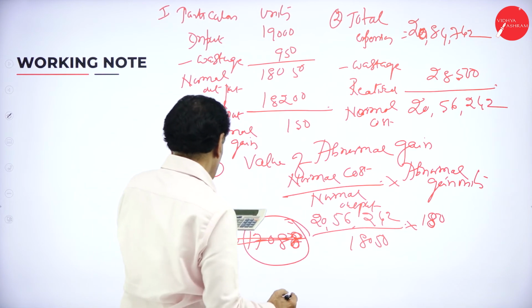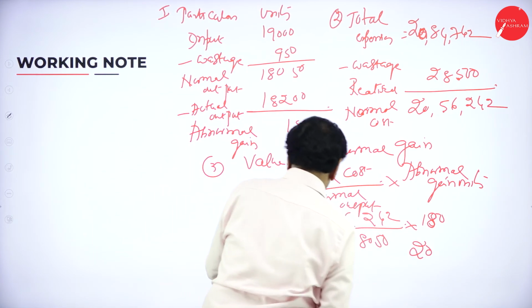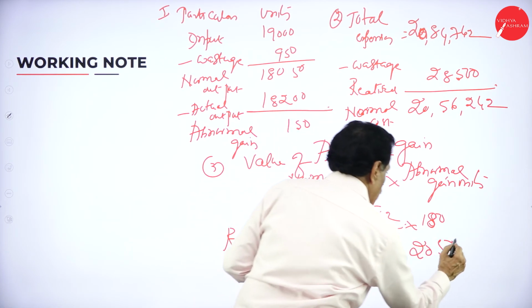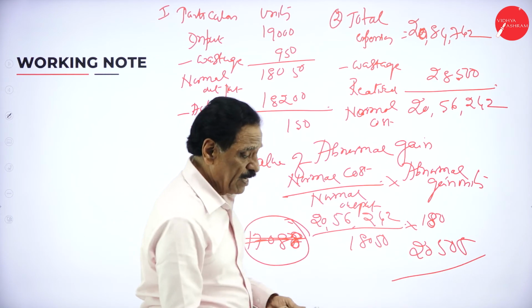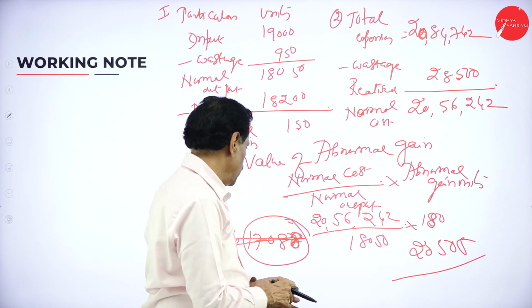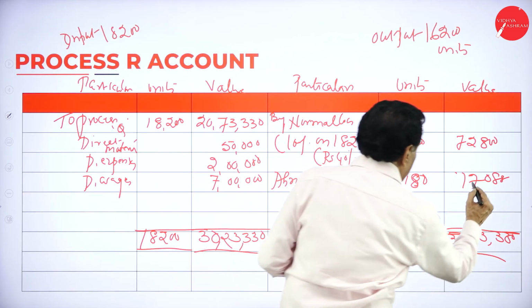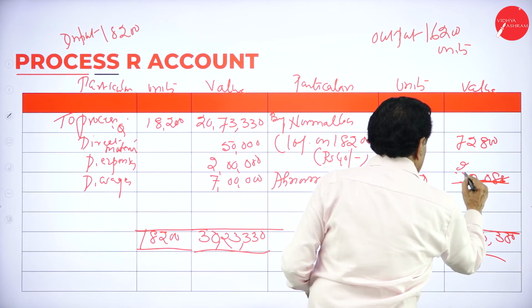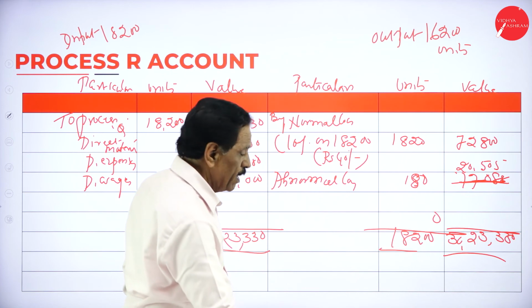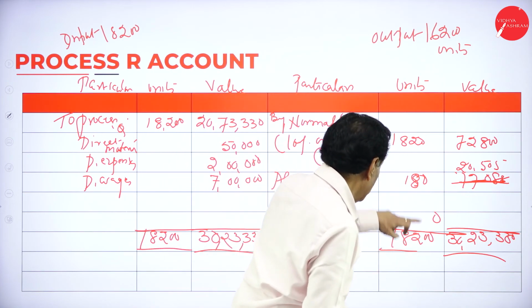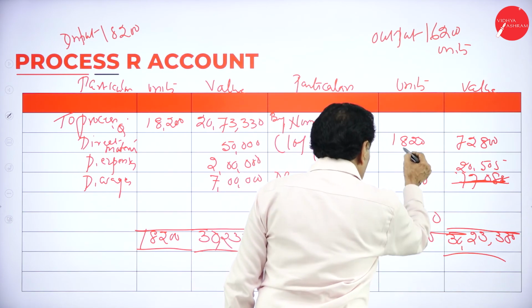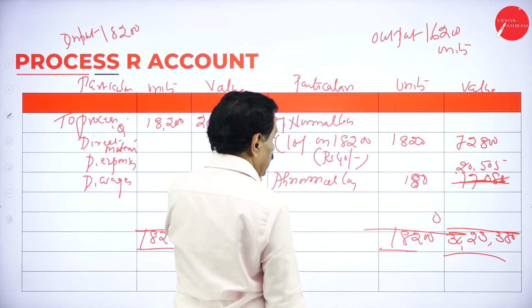So it will come to 20,505. We'll repeat, 20,505.